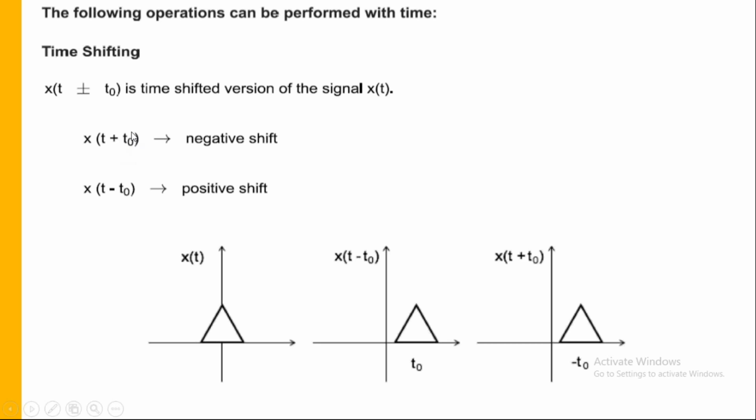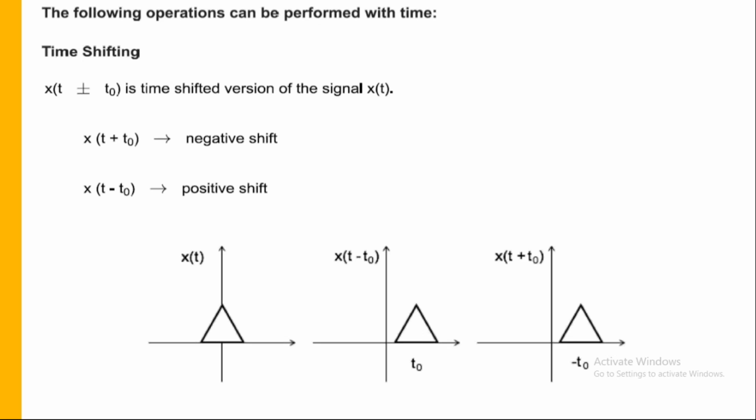When you take t plus t naught equal to 0, what is the value of t that you are going to get? You will get t equal to minus t naught.